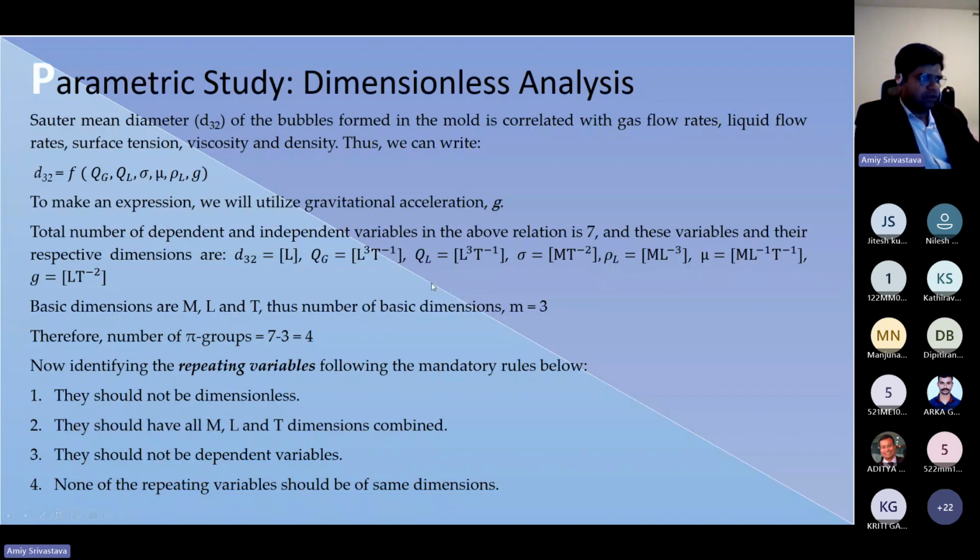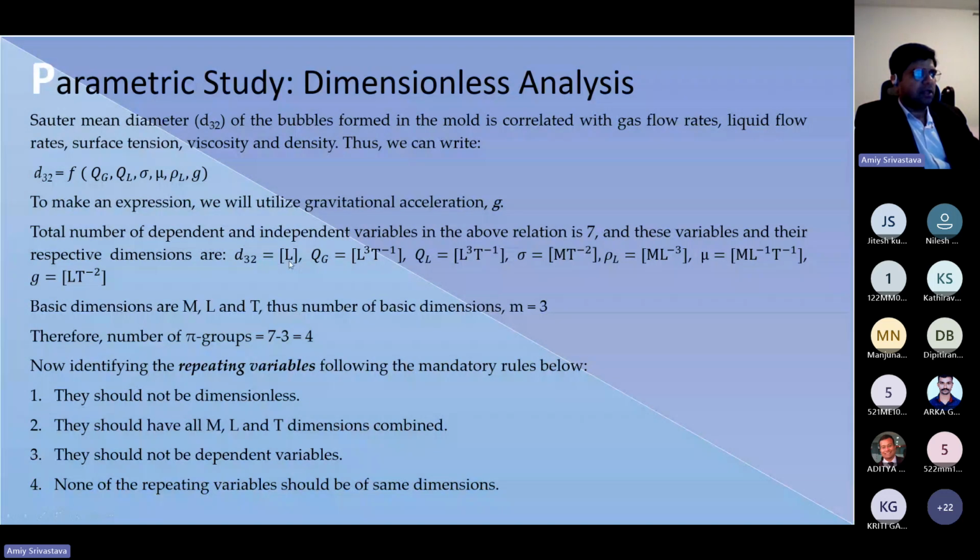In some YouTube videos and some NPTEL lectures, I found how we can apply dimensional analysis, so I included that in my paper. The method is very simple. We have to identify how many total variables there are, including dependent and independent variables. You can see six variables here and seven in total.